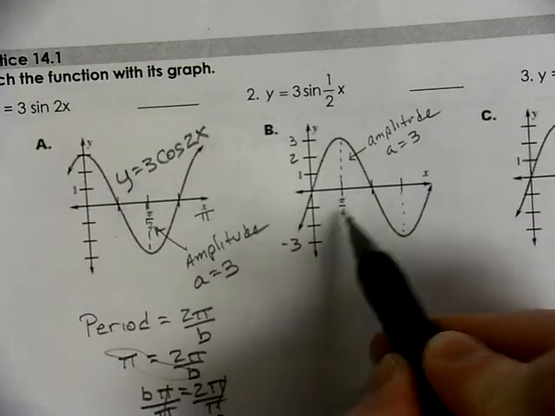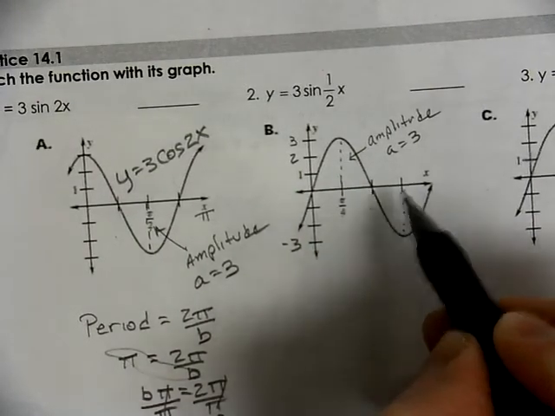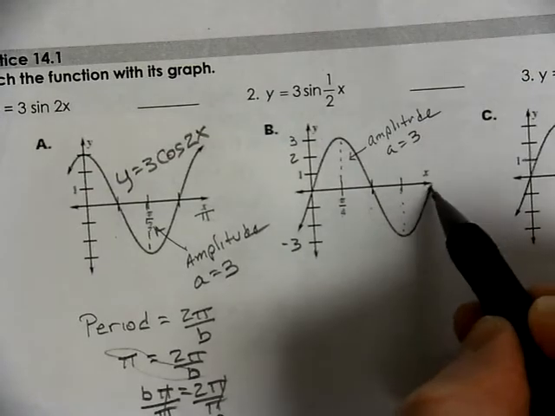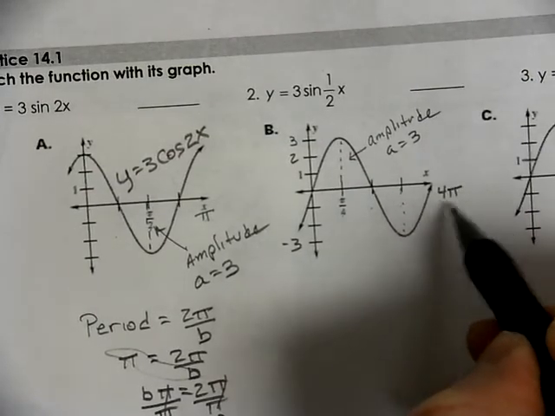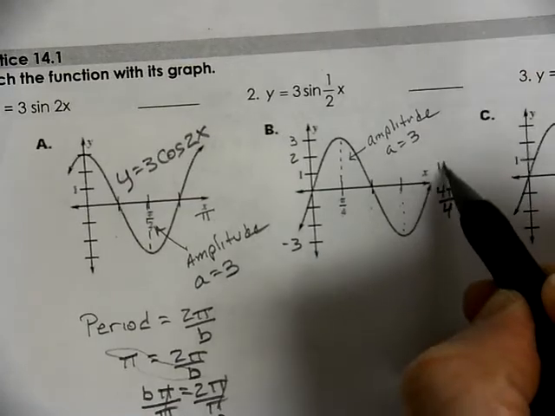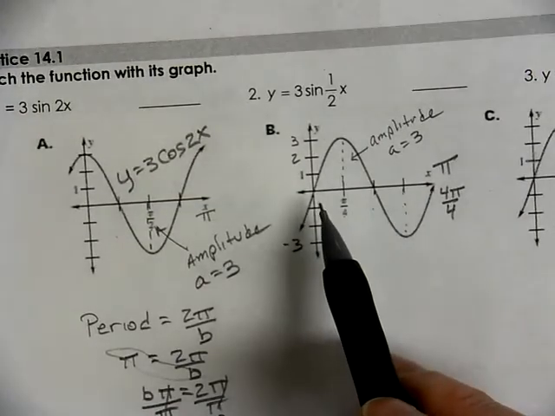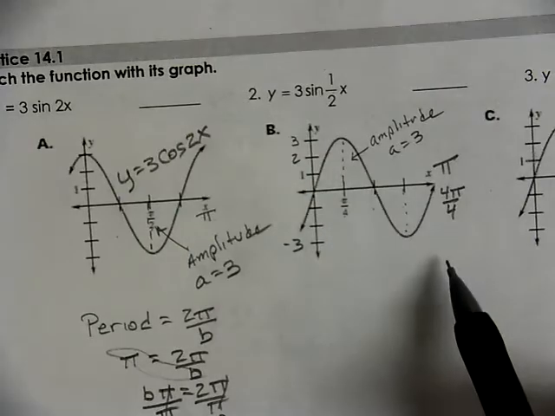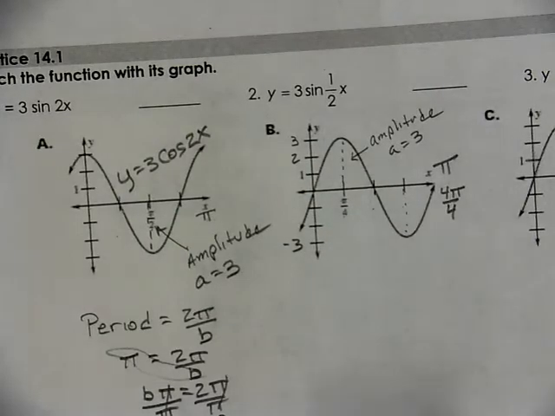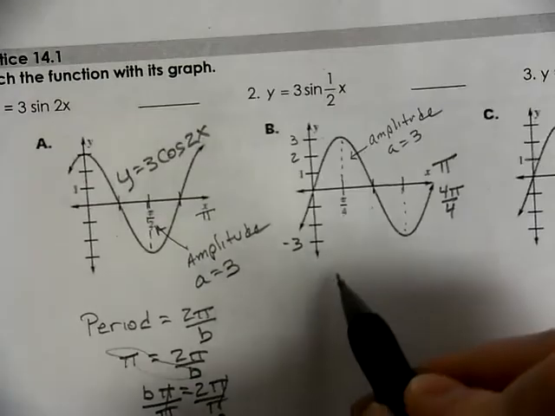If this is pi over 4, this is 2 pi over 4, 3 pi over 4, 4 pi over 4, which is known as pi. So it's also taking the typical parent function of 2 pi and cutting it all the way down just to be 1 pi.